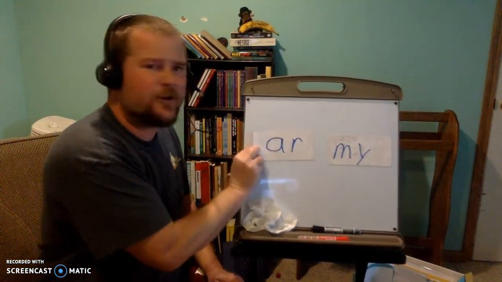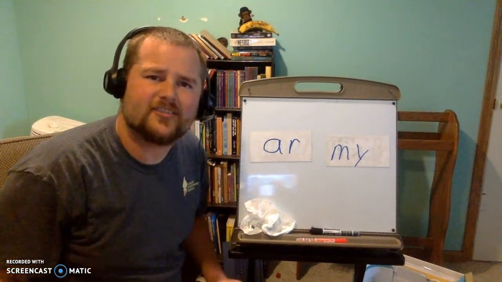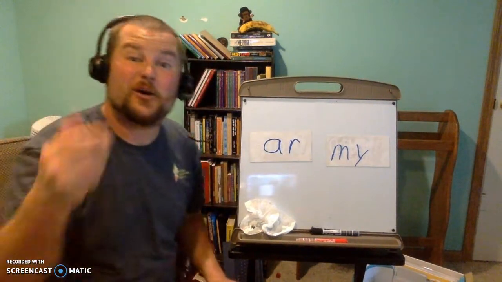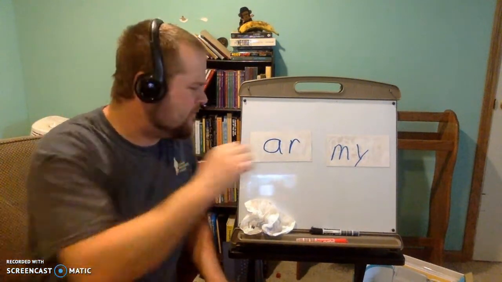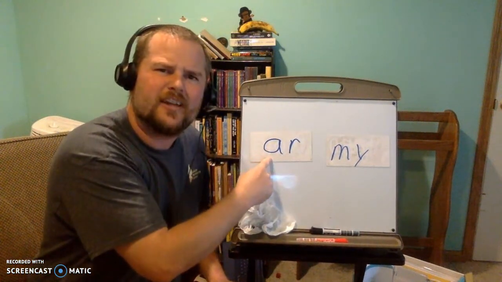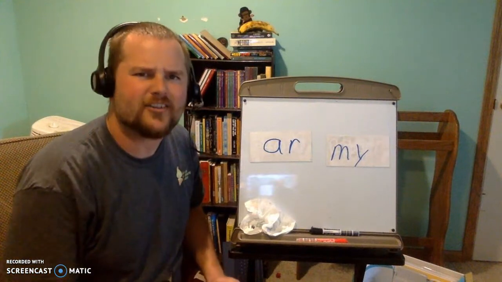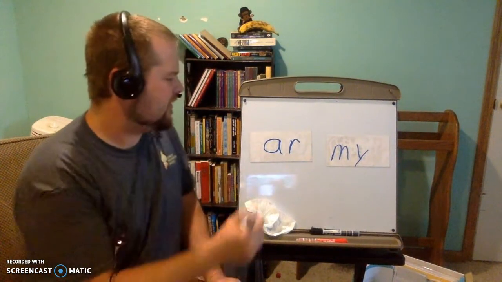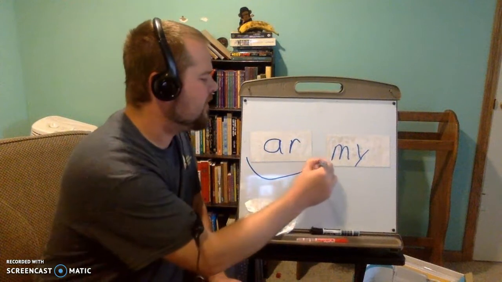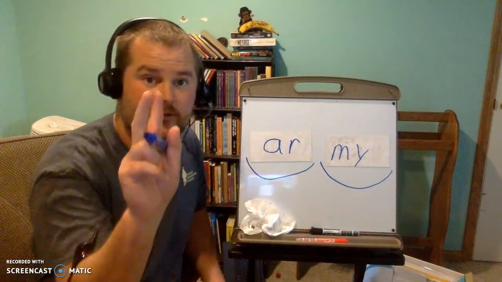Now, write this word on your whiteboard and pause. Okay, now mark this first syllable and then mark the second syllable and pause. Ready? Okay, let's see. Well, we know we have 2 syllables here, so we need 2 scoops.